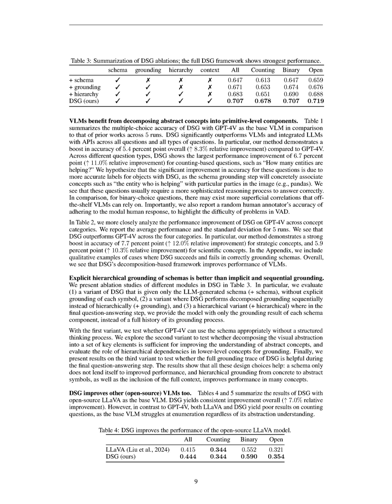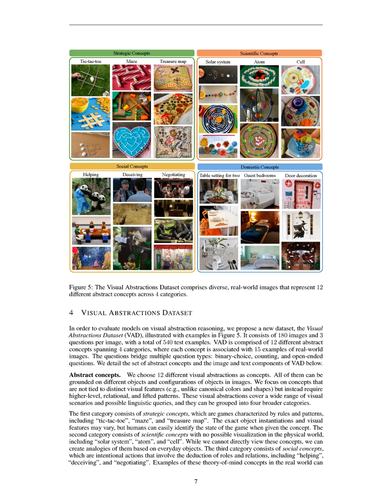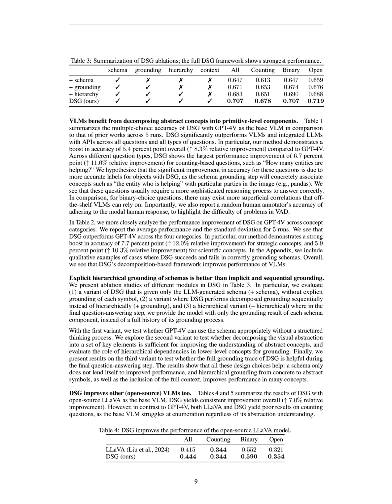DSG achieved a significant overall performance improvement of 5.4 percentage points and 8.3% relative improvement on the Visual Abstractions dataset, VAD, when applied to the GPT-4V vision language model. Notably, DSG demonstrated a 6.7 percentage point improvement, 11.0% relative improvement, specifically on counting questions, indicating that the schema grounding process effectively associates abstract concepts with concrete entities in the images.